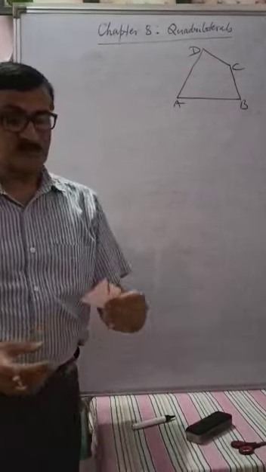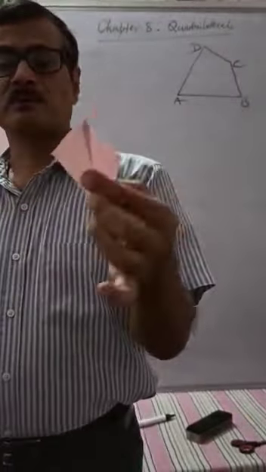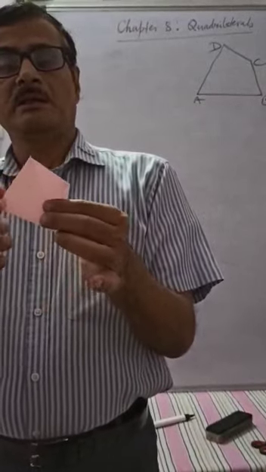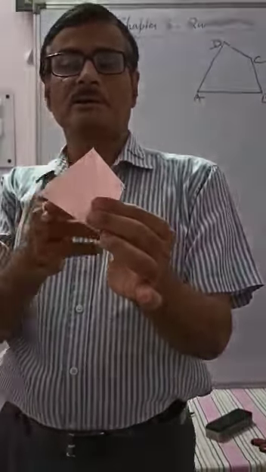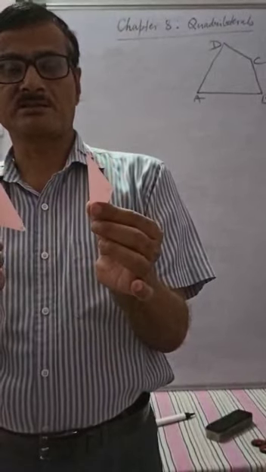Suppose this is our quadrilateral ABCD, and if you cut this quadrilateral along the diagonal AC, then we will have two triangles.